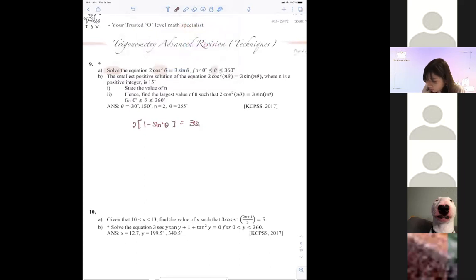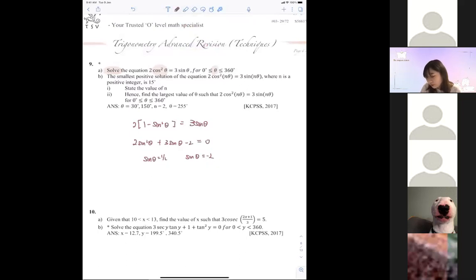Okay, then usually you will form a quadratic equation. Okay, then remember to put mode 3. This value is less than minus 1.